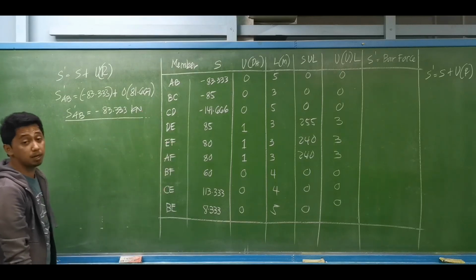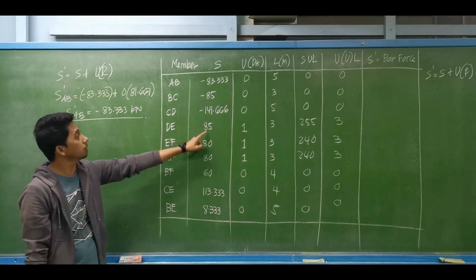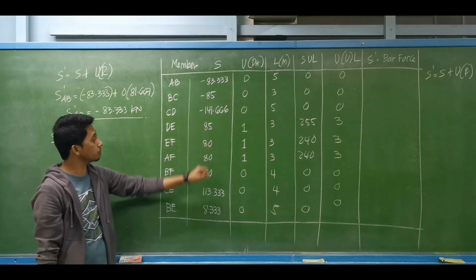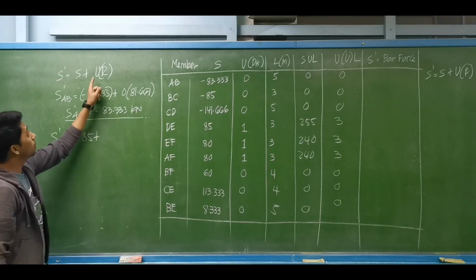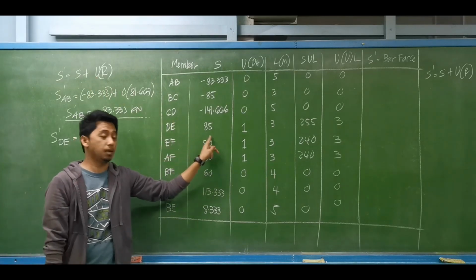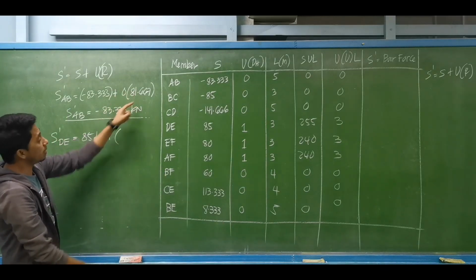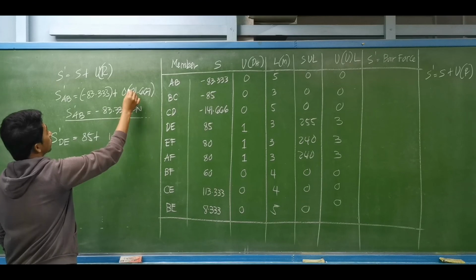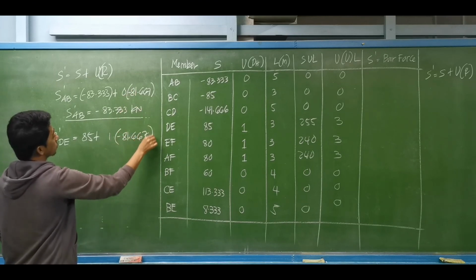Let's try member DE. The actual force for member DE is equal to the actual force due to real load, that is 85 kilonewtons, plus, what is the unit load for member DE? That is 1. This is multiplied by the redundant, which is negative 81.667.